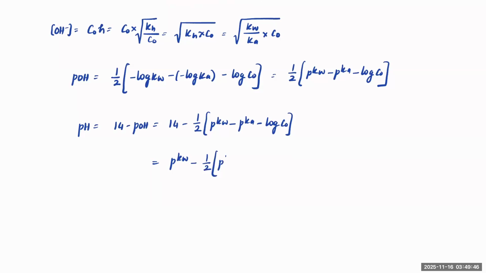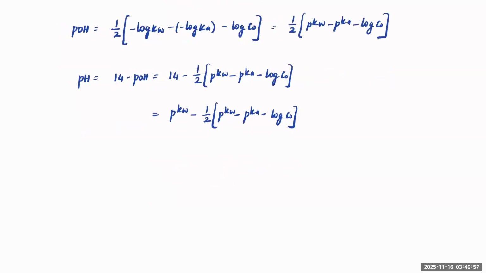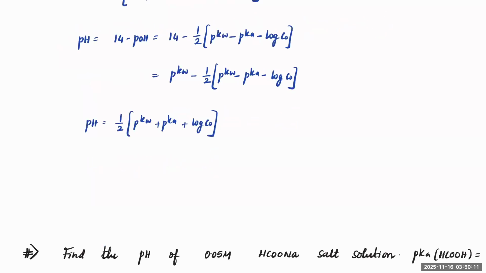So this is 14 minus 7, which is again 7, which is half of pKw. Thus, pH will be equal to half of pKw plus pKa plus log C naught.